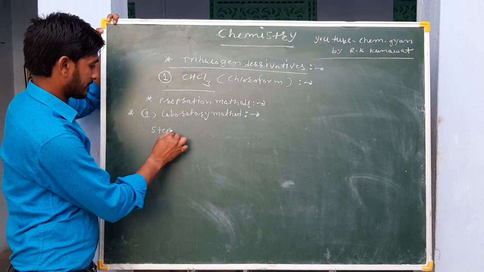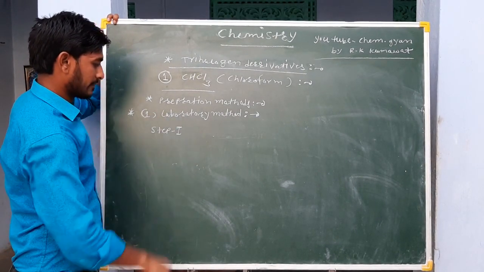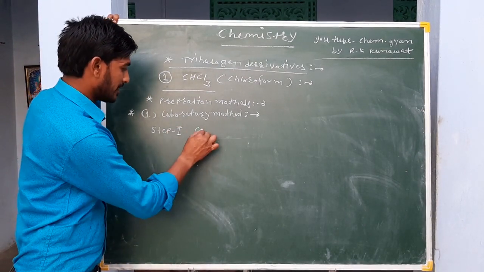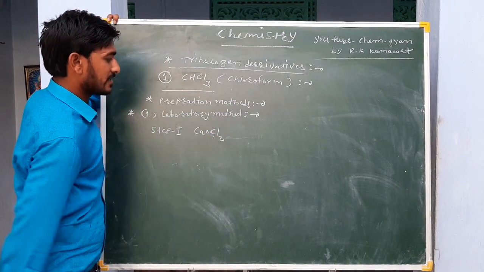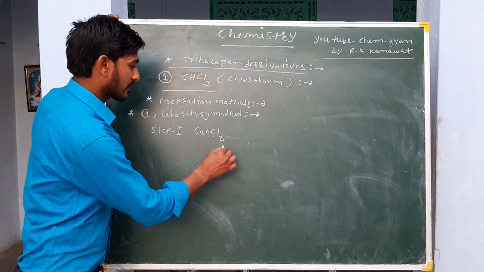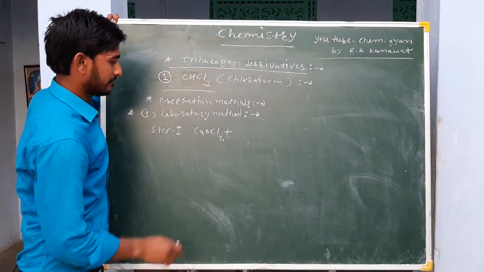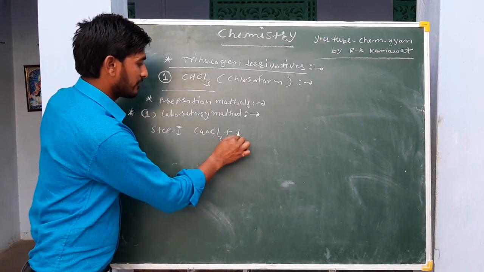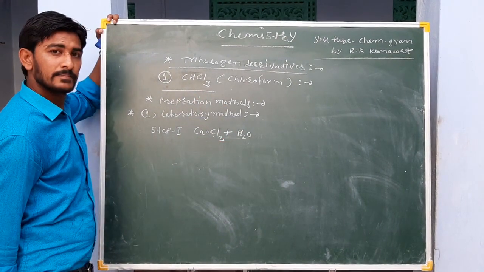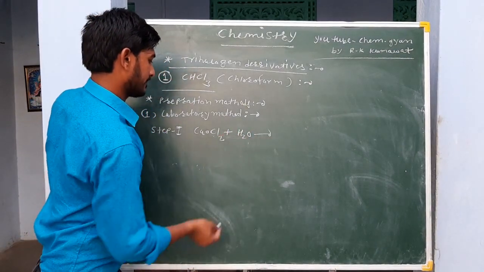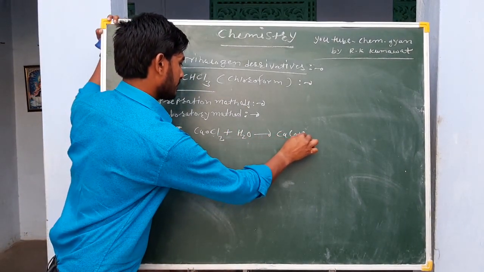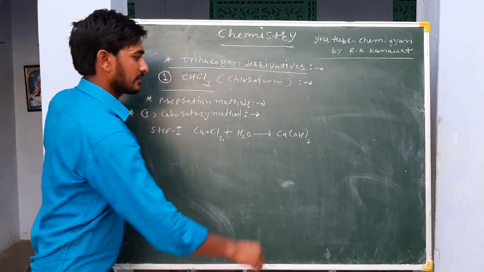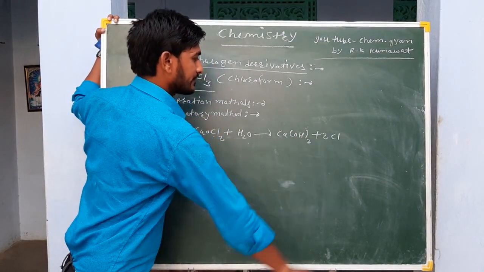Step first: bleaching powder, CaOCl2, calcium oxychloride, reacts with water and forms Ca(OH)2 and 2 Cl atoms.